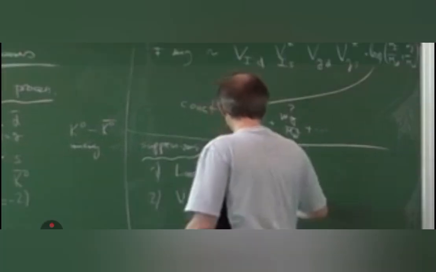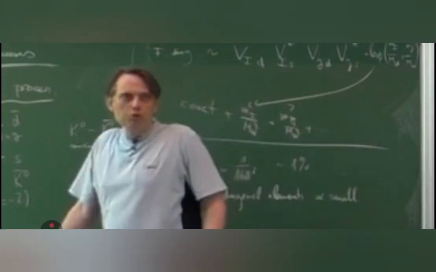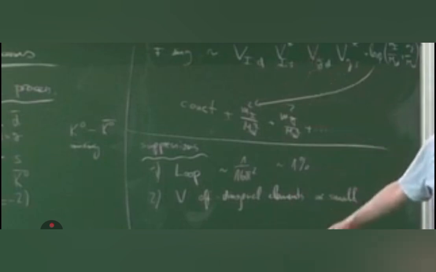So the off-diagonal elements are small. And that is actually simply an experimental observation. They wouldn't have to be small. It could be a matrix with very large off-diagonal entries from the theory point of view, but it isn't.